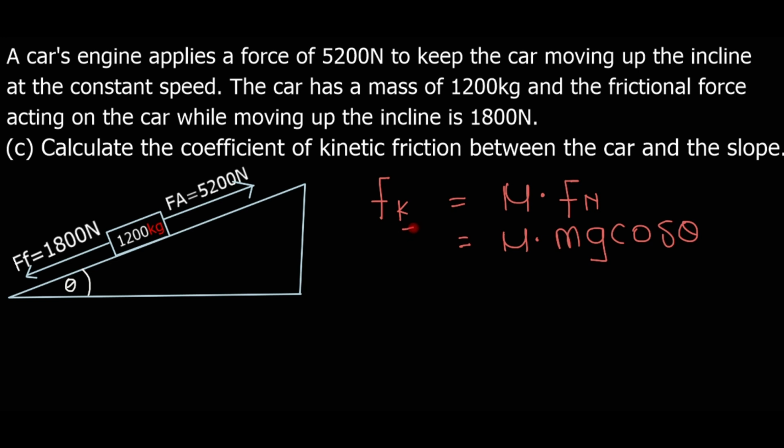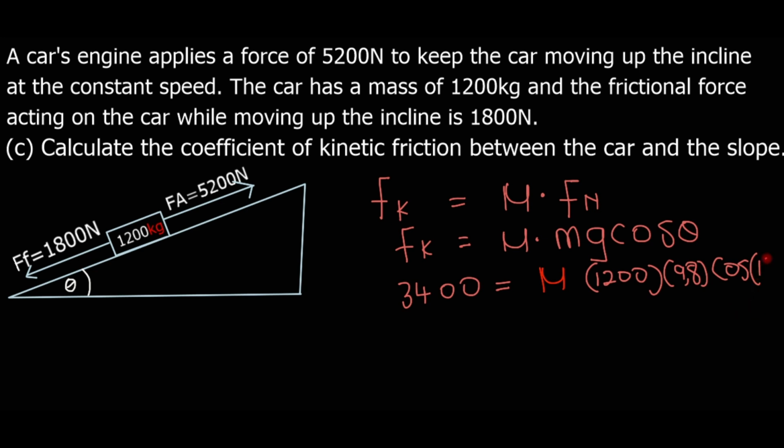So now re tlo substitute this fk re na le yona e re file gore ke 3400 ke frictional force, and then re na re nyaka this coefficient of friction, and then mass ke 1200, and then gravity ke 9.8, and then angle re na le yona re kry-ile gore ke 16.81.